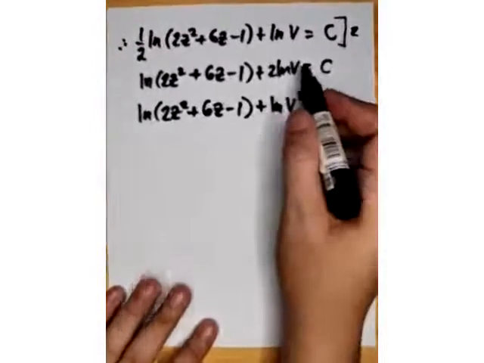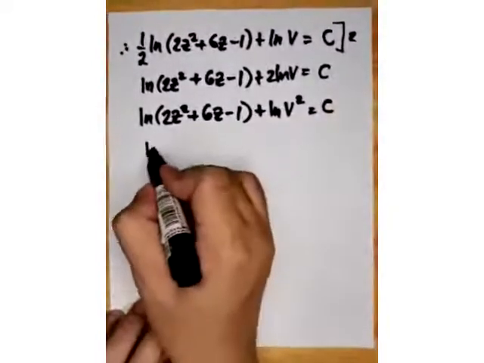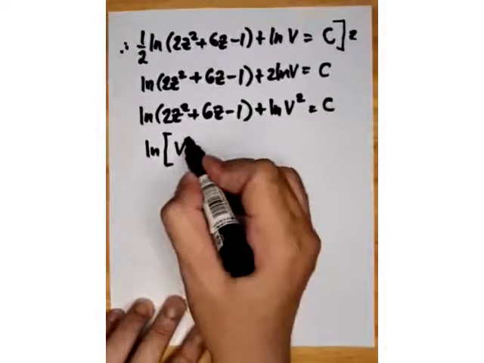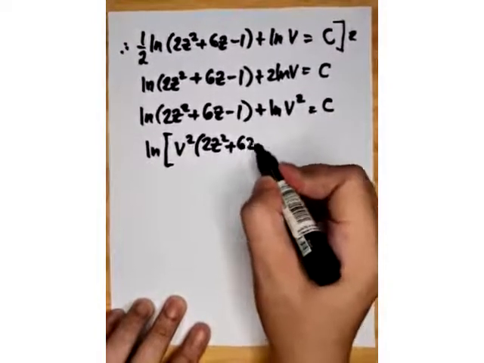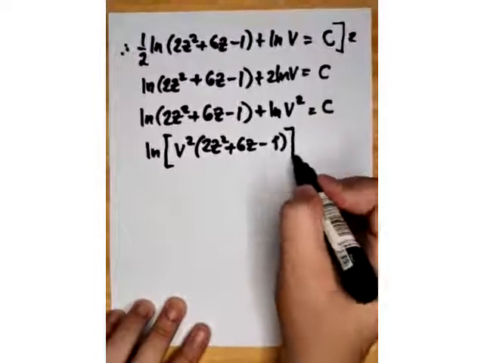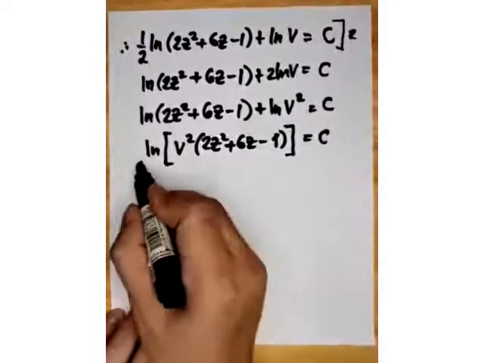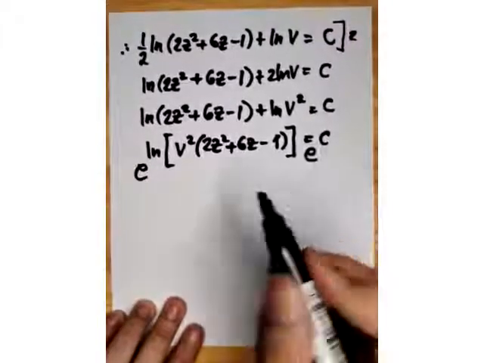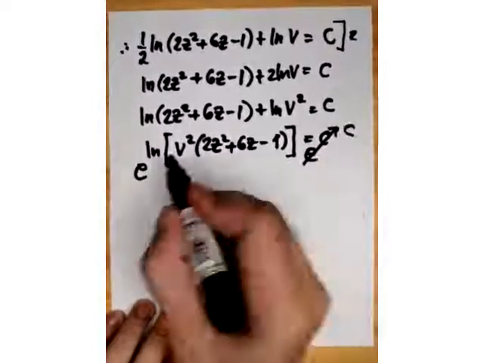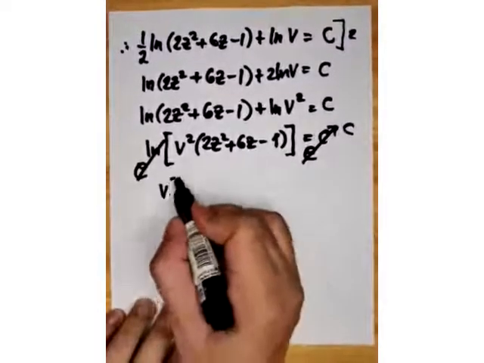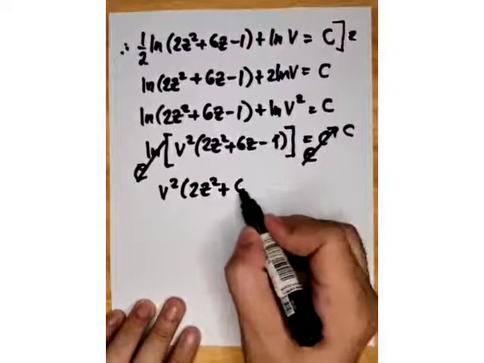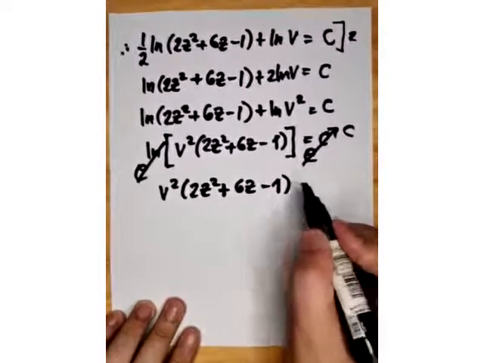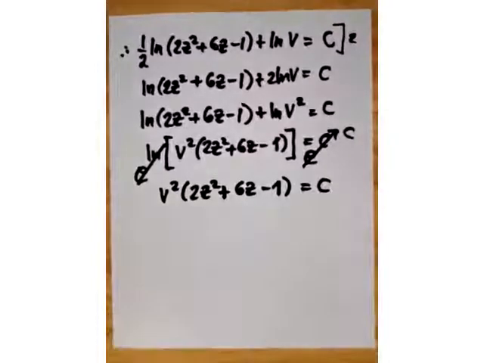So yun, nilagay ko lang sa power ng v. So therefore, we'll have ln of v squared times 2z squared plus 6z minus 1 is equal to c. And then let's apply exponential. So this will become c and this will be cancelled. So meron lang tayong v squared times 2z squared plus 6z minus 1 is equal to c.